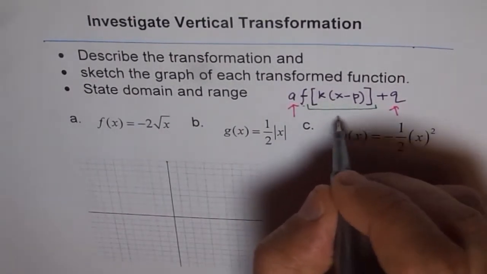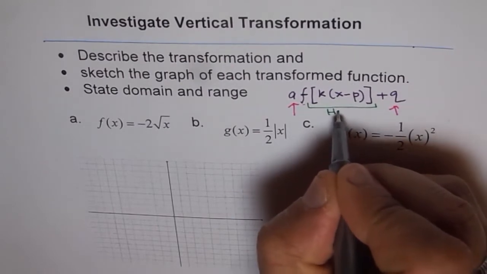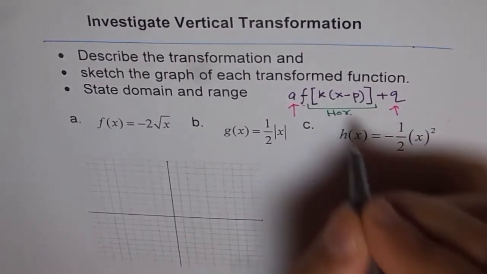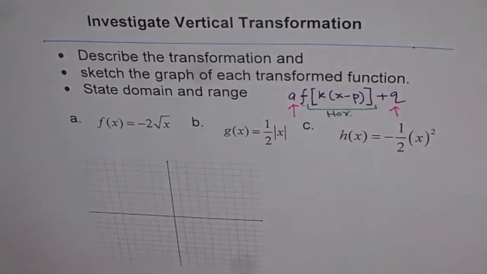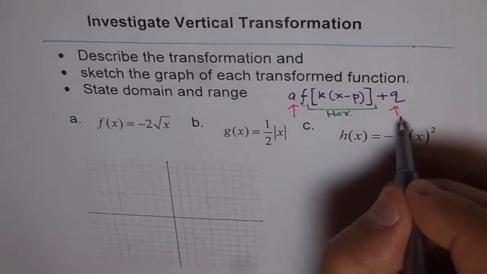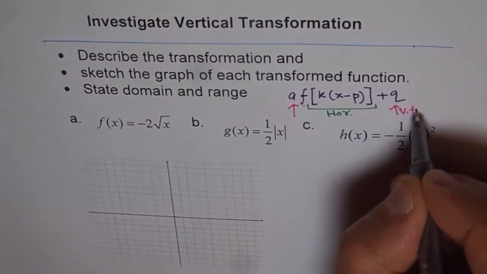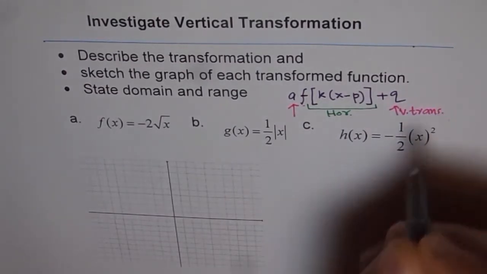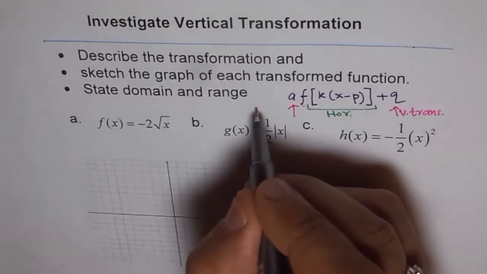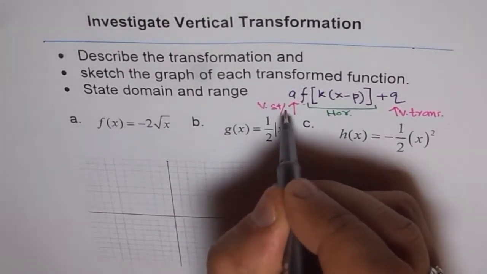So this inside function leads to horizontal transformations, whether they are horizontally compressed or stretched or translations. And these correspond to vertical. So this is like vertical translation, right? And this one is vertical stretch or compression.